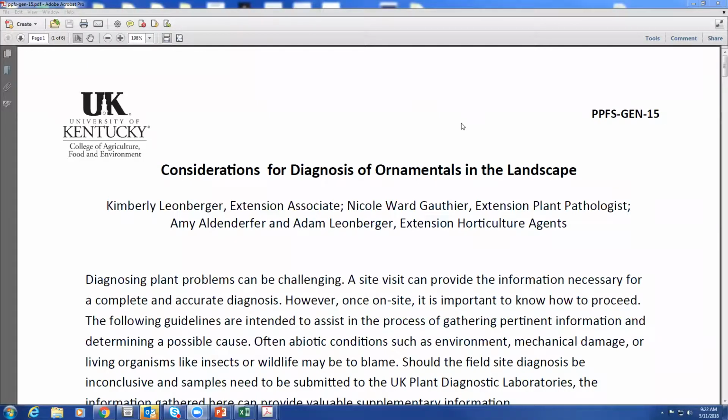So our first tool that we want to share is a publication. I want to discuss a publication. Can everybody see my screen? Sometimes it takes a little bit. Yeah, you can see my screen.